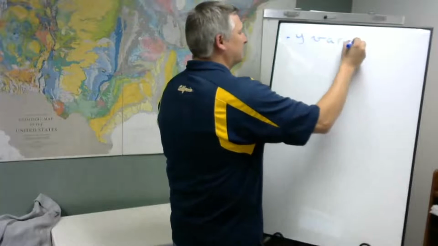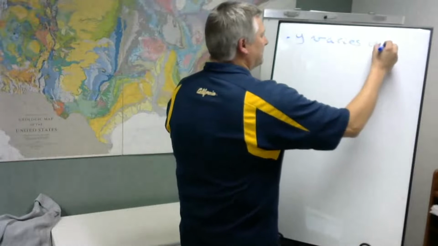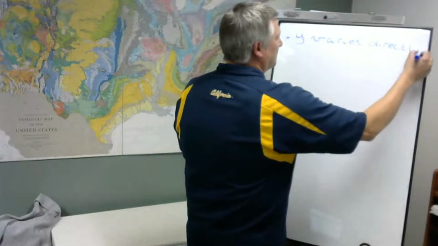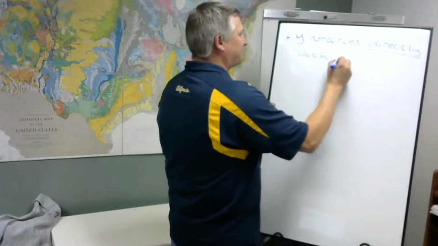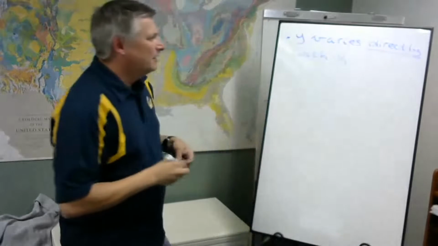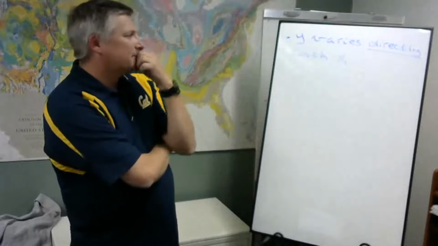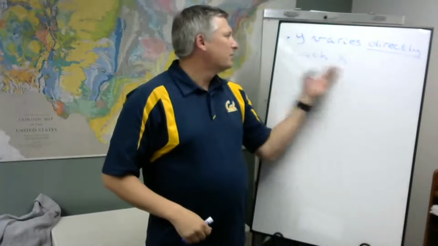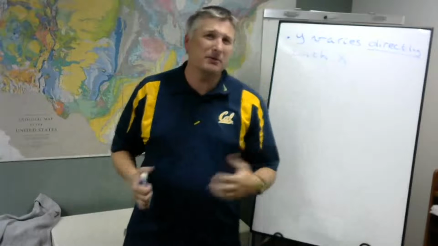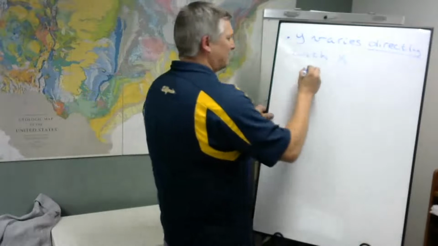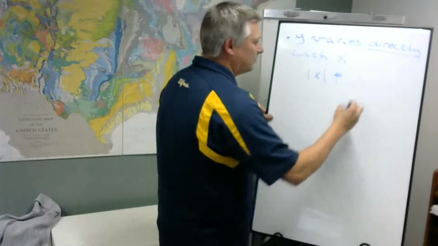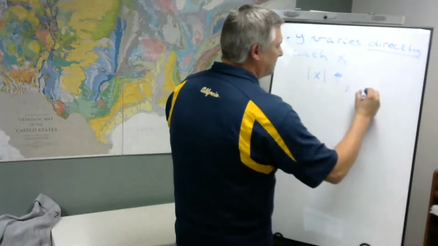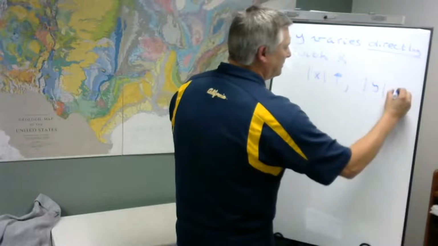So the first one is y varies directly with x. What's going on here is that we see x change and we see y change. And typically, if the absolute value of x increases, we see the absolute value of y increase.